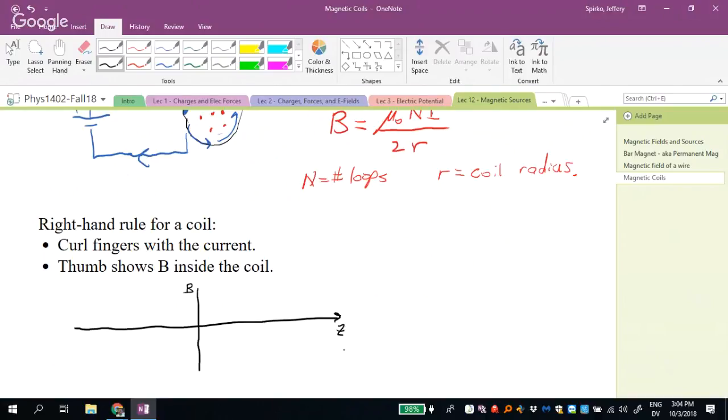And the graph ends up looking kind of like this.